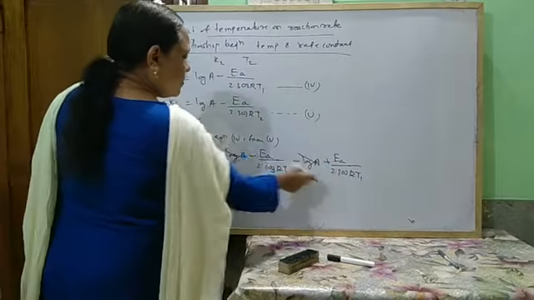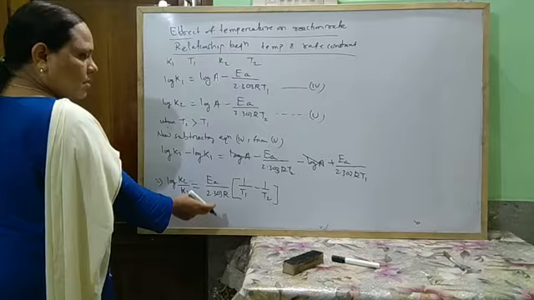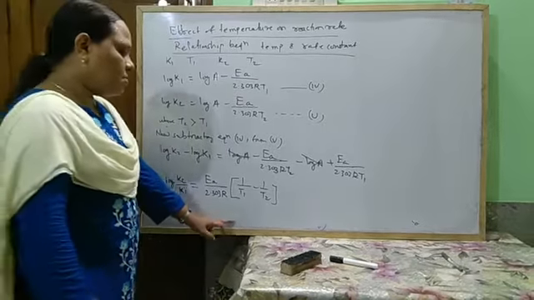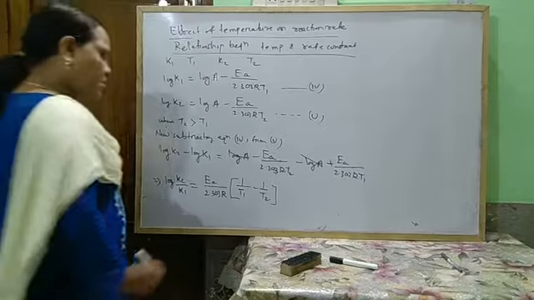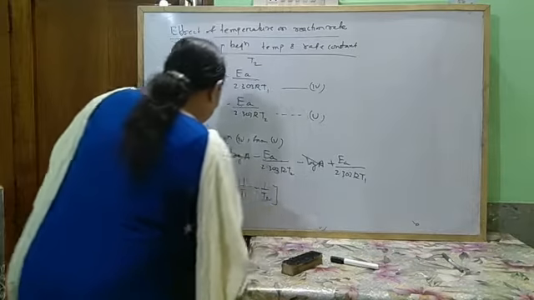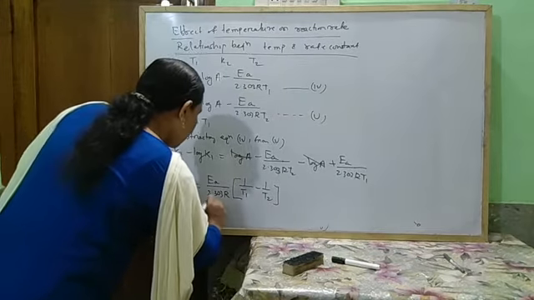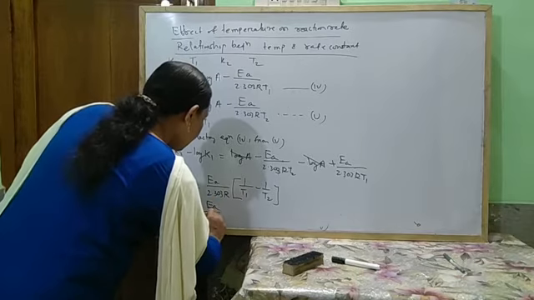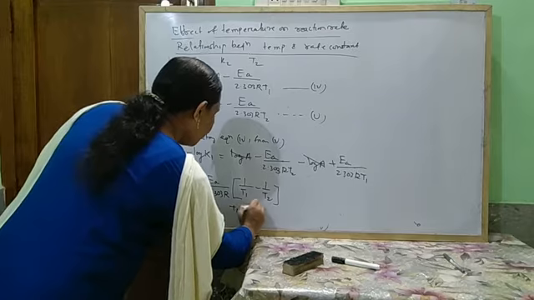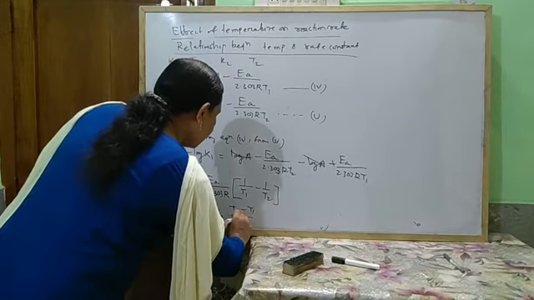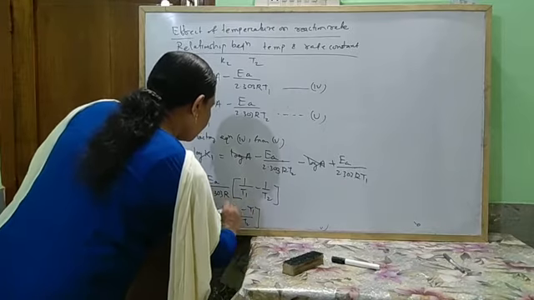This term is positive and this term negative. So Ea by 2.303 R taking common 1 by T1 minus 1 by T2, or that is equal to Ea by 2.303 R into T2 minus T1 by T1 into T2.